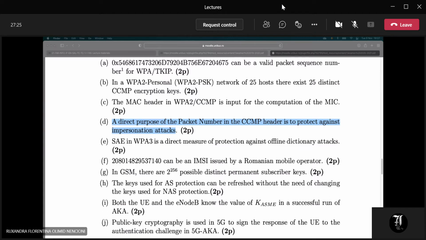SAE, the simultaneous authentication of equals in WPA3, is a direct measure of protection against offline dictionary attacks. This is about WPA3.